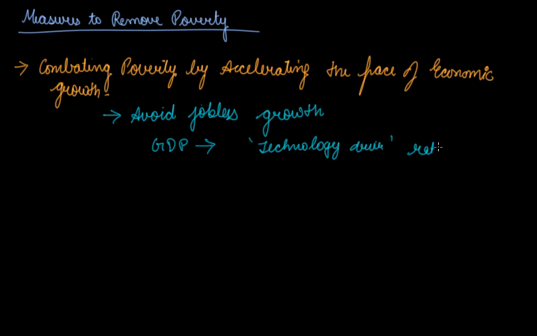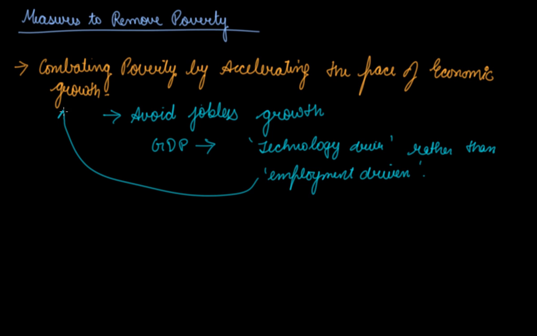Rather, we should have the employment driven growth, which means we are growing and we are giving employment to the needy people. So, in this way, you will be able to combat the poverty through the pace of economic growth.